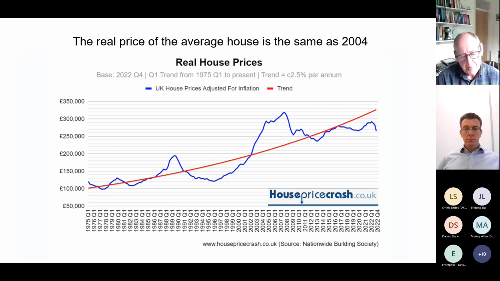So whatever people say, young people are in such a difficult position compared to their predecessors. They have a different lifestyle, that's for sure. But houses are not, in real terms, overpriced. Now, you try telling people that in the pub and they just won't accept it, but it's a fact. Okay, next slide.